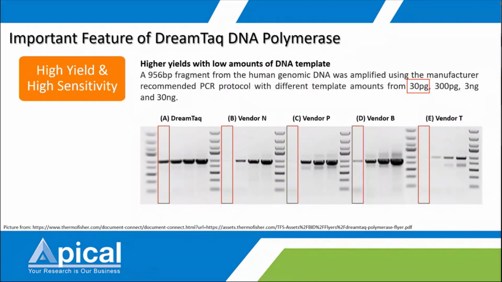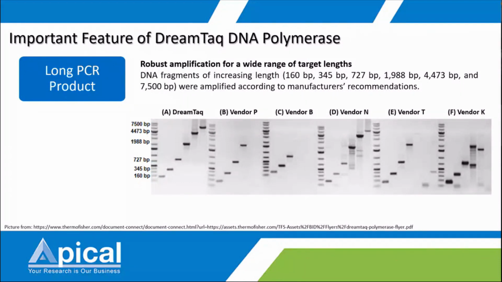Here it is tested for amplification of a product of 956 base pairs, using human gDNA as template, and you can see DreamTaq is able to give high amplification yield even when the template amount is as low as 30 picogram.